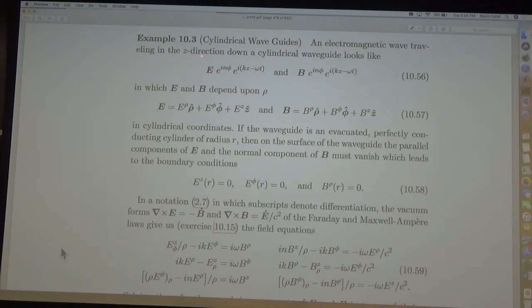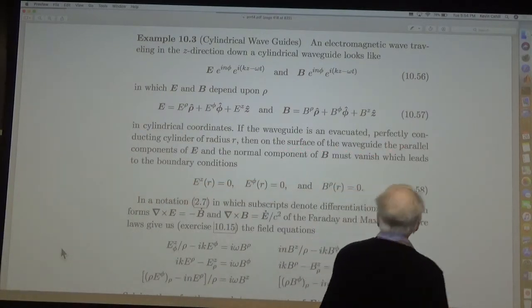And E will be some function then of rho, and B will also be a function of rho. Well, I shouldn't say just rho, but anyway, E we can write as the rho component, the phi component in the phi direction, the z component, the z direction, and so much for B.